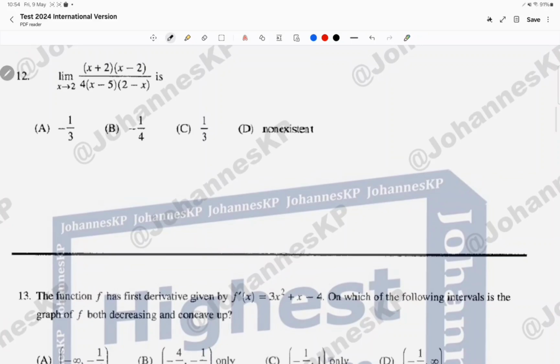12. Here, what I would recommend you do is that you expand the brackets. So let's expand. So x squared minus 2x plus 2x minus 4 over... expand this bracket, so 2x minus x squared minus 10 plus 5x.